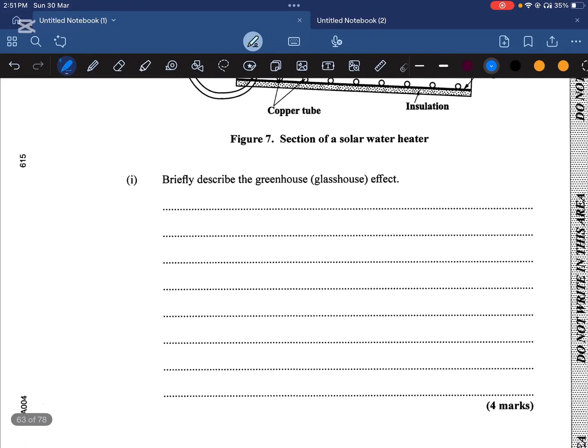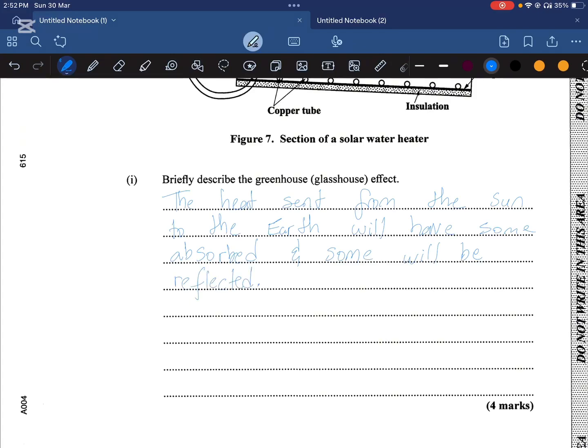So the greenhouse effect is basically, we will identify that the heat sent from the sun to the earth will have some absorbed and some will be reflected.